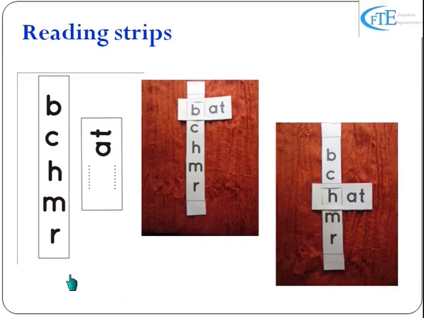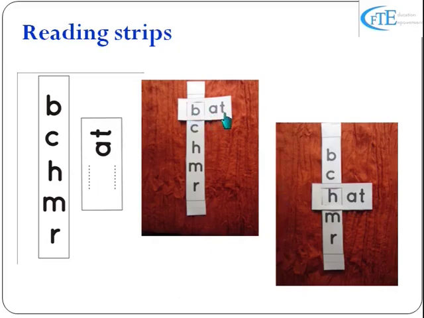You need to cut this out and then put the longer strip into the rectangular strip, and then the child moves this and reads the word. This is a beautiful activity and children enjoy it. They also learn to read the word very quickly.